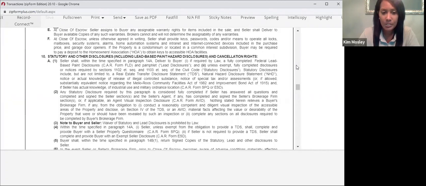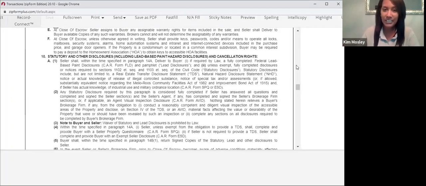Okay, or if applicable, an AVID, an agent visual inspection disclosure form. So very important. You notice the key thing is that they're fully completed. When you're looking over your client's disclosures, which you should, you don't just hand them to them and say, fill this out and then hand them over to the buyer. You want to make sure the forms are completed properly.